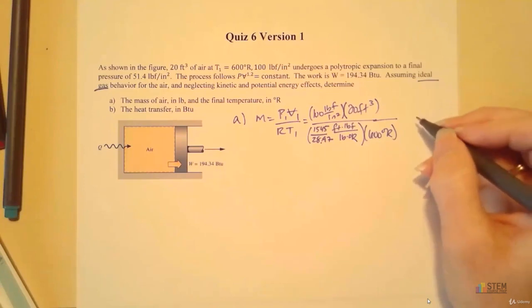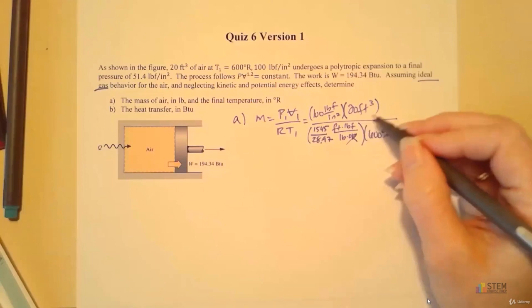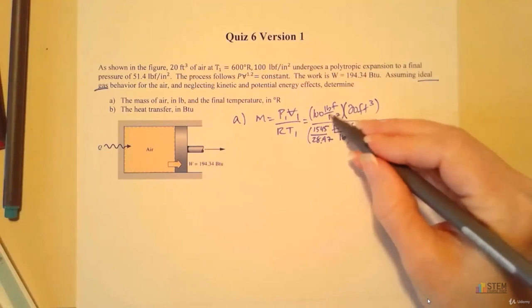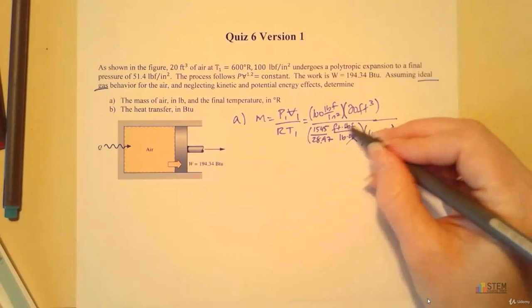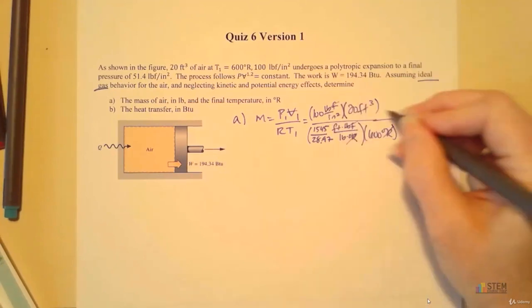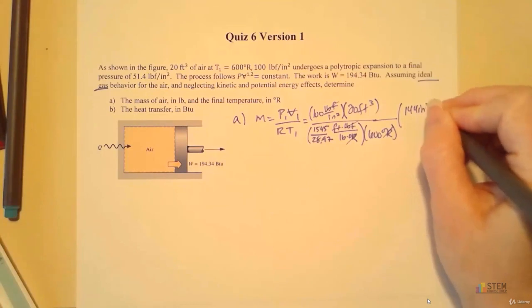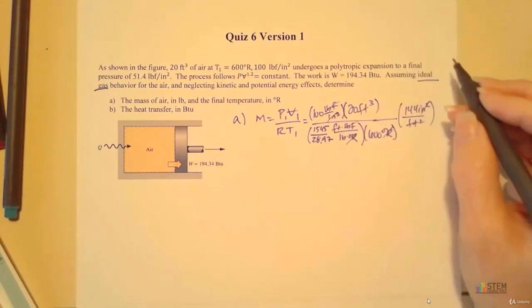So we got that. Now our mass needs to be in pounds. So if you look at these units, they are looking fairly decent. But we have this inches here. We need to get rid of this inches. All right, so let's get rid of that. And those pound force goes away. So let's just multiply this thing by 144 inches squared per foot squared, and then that takes care of the inches.